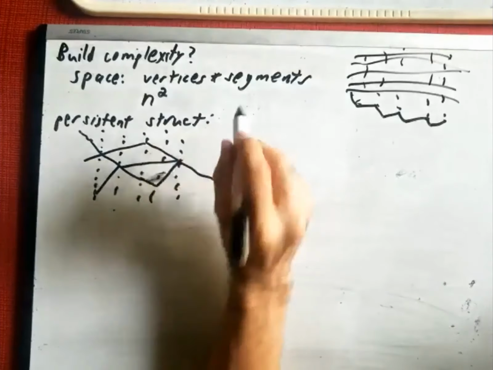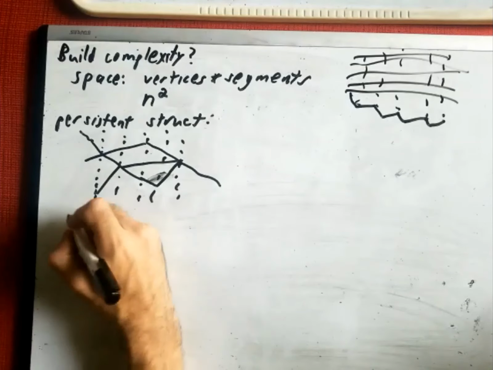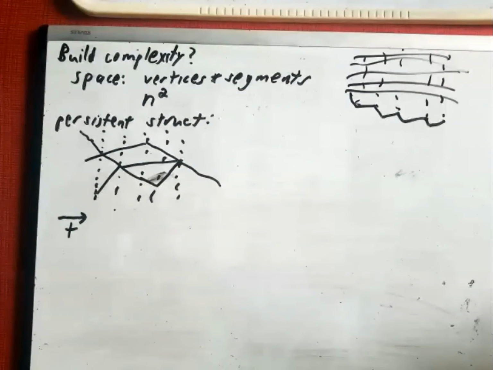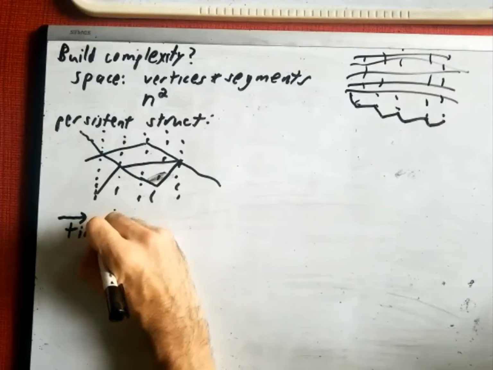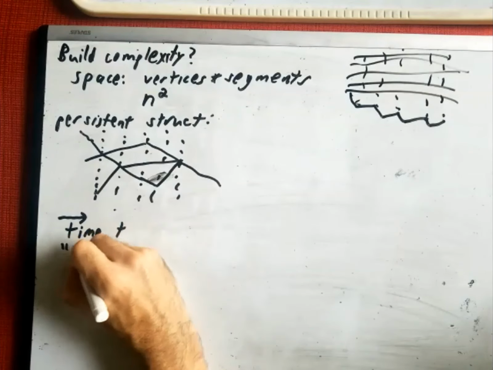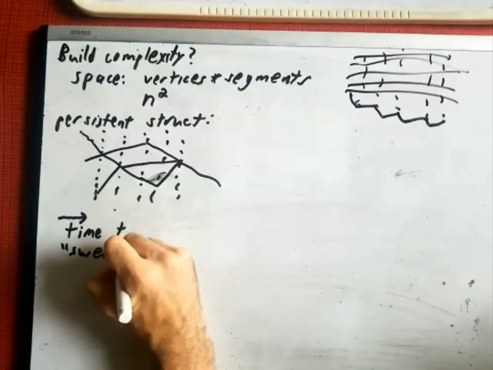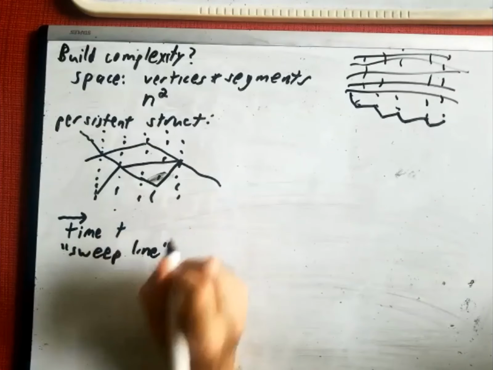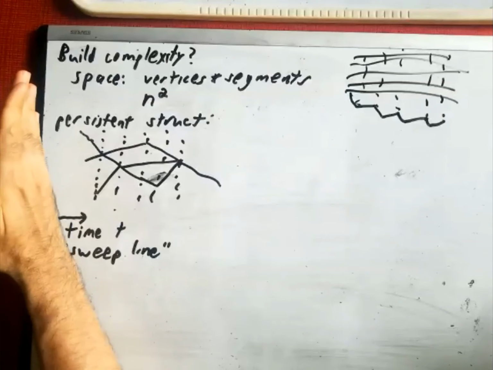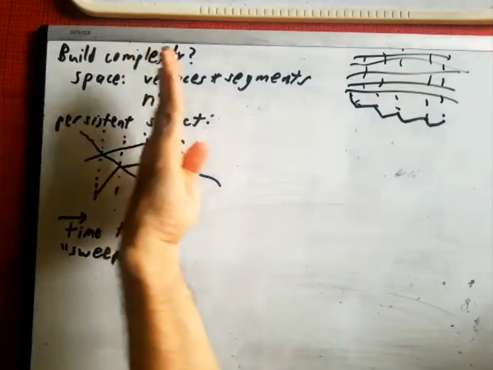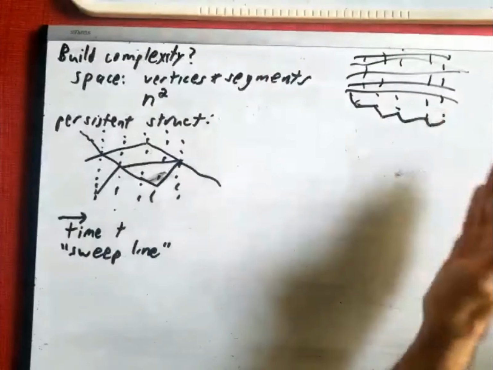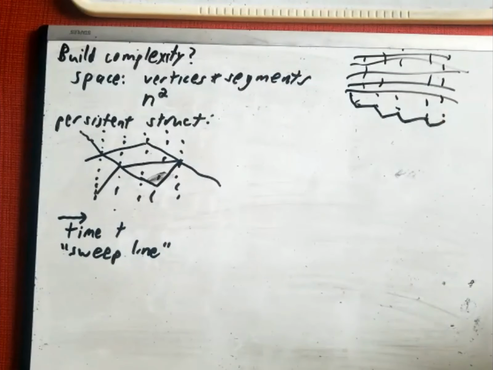But now, instead of thinking of this as my usual X and Y coordinates, I'm going to think of the horizontal axis as time, t. Again, this is a method known as a sweep line method in computational geometry. I'm imagining that I'm starting with a line at -infinity and sweeping it forward over time to investigate the structure that I'm looking at, or to build the structure that I want to create.